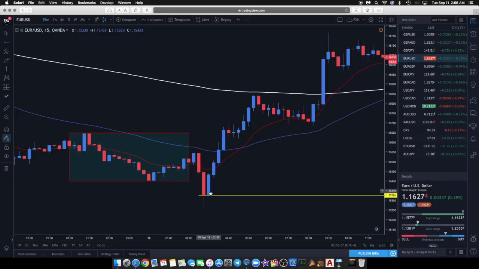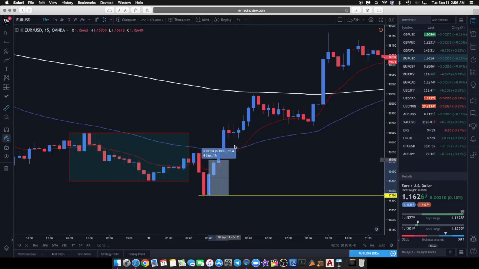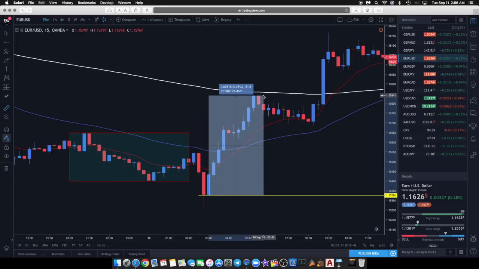And then look what happens for the next session. We rise, right? And we rise, I want to say, let's see how much we rise here. So a good 41 pips, 40 pips we rise, right? Now, if you, let's say, take a trade from here, it's like 50 pips.